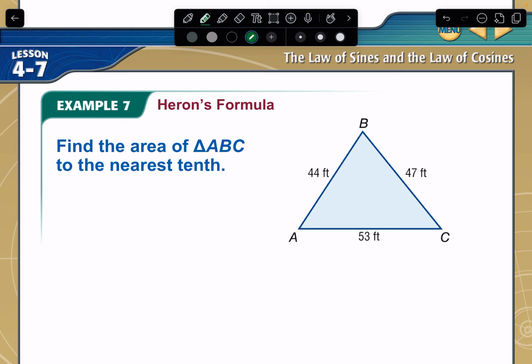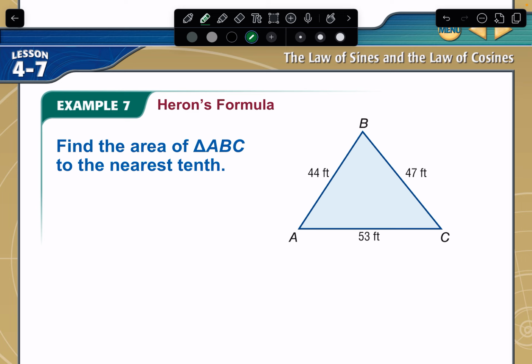So this is one of the ways that I can use side lengths specifically to find an area of a triangle, because I'm not given height, which is what I would need if I'm using 1/2 base times height. I don't know my height. There's not an easy way to find that, so this is a formula to help you find the area without having to do a bunch of extra work.